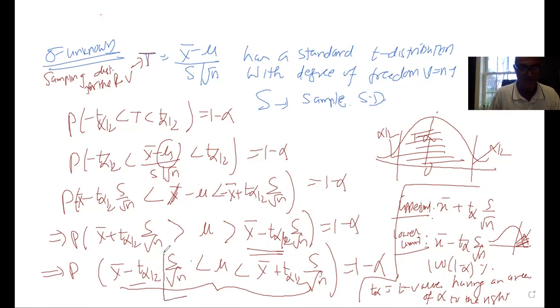So this is your standard error, T alpha by 2 and the standard error. You can say estimated standard error, or you can say standard error. Estimated standard error of X bar.